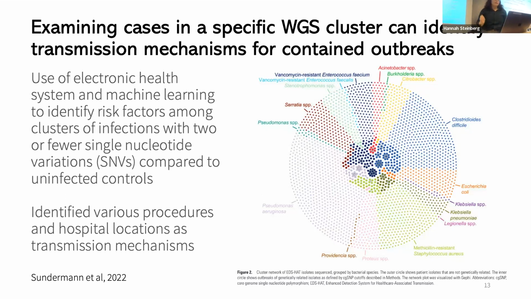They found a Pseudomonas aeruginosa outbreak was associated with gastroscopy, and they found multiple outbreaks of different organisms associated with being in the intensive care unit. So they're basically able to identify risk factors for each individual outbreak in this example.